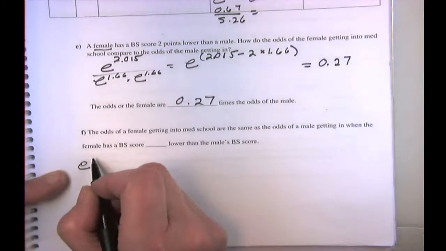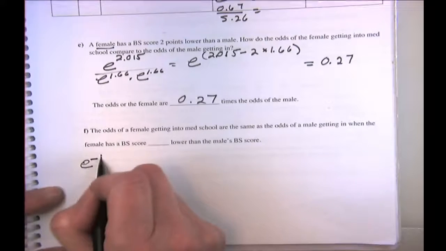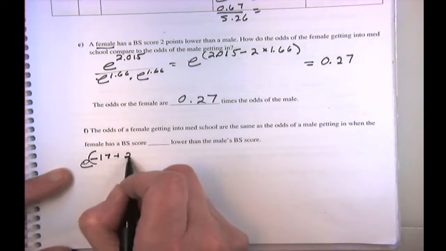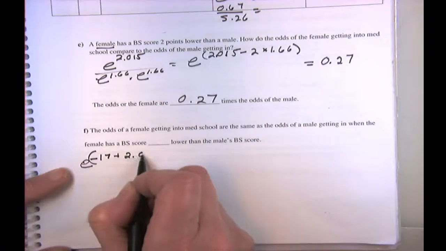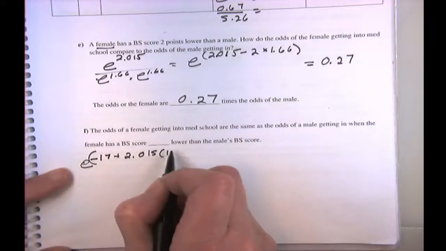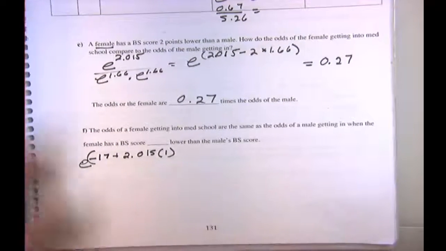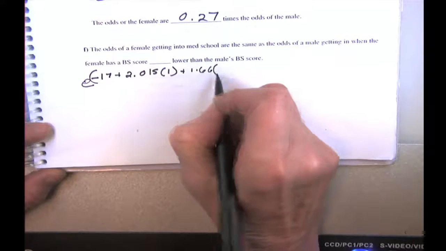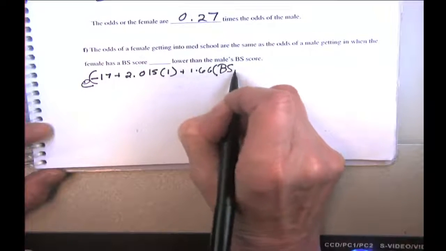I think it's easier just to go to the log odds equation. But if you wanted me to start with odds, the odds for female are this plus 2.015 times 1 for being female. I'm just exponentiating that. Plus 1.66 times whatever biological score she gets. So I'll put a little female there.